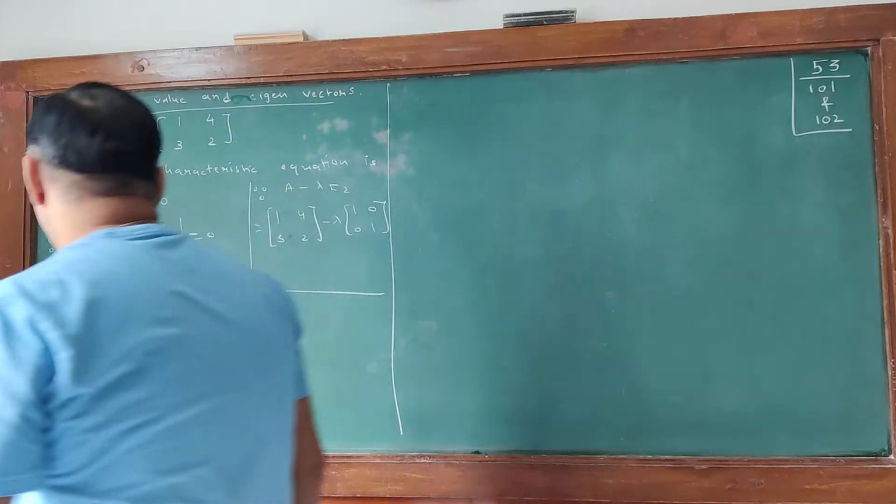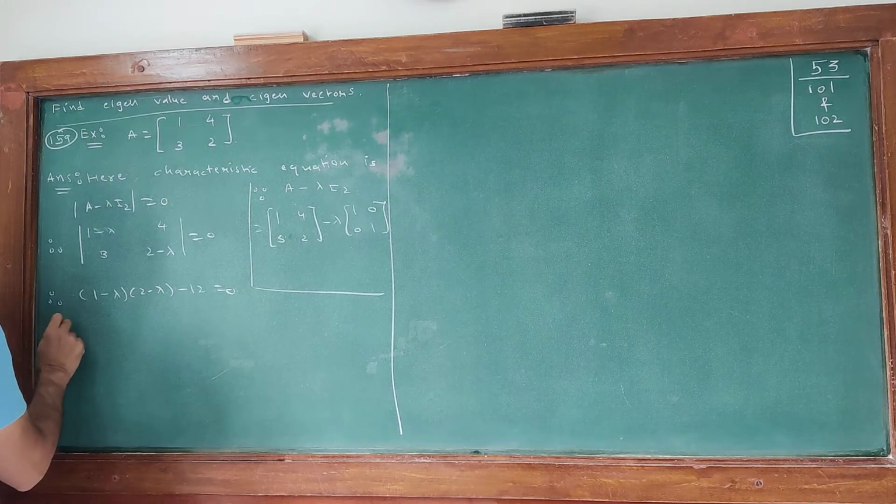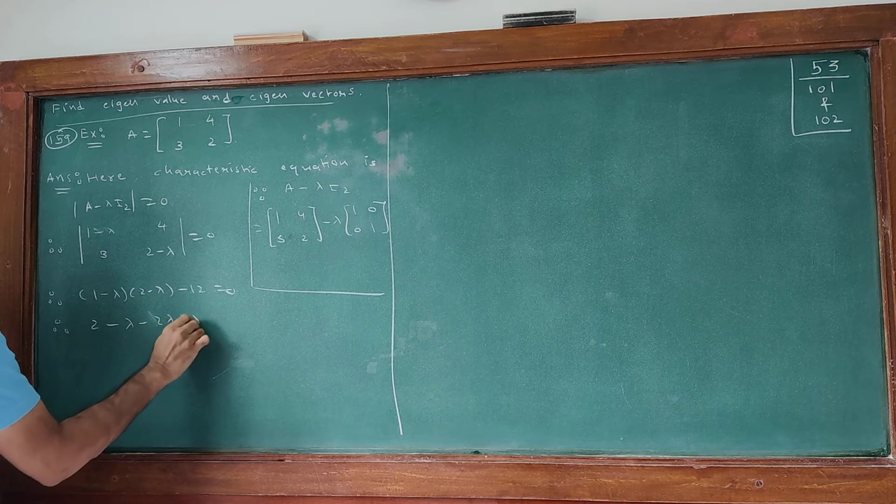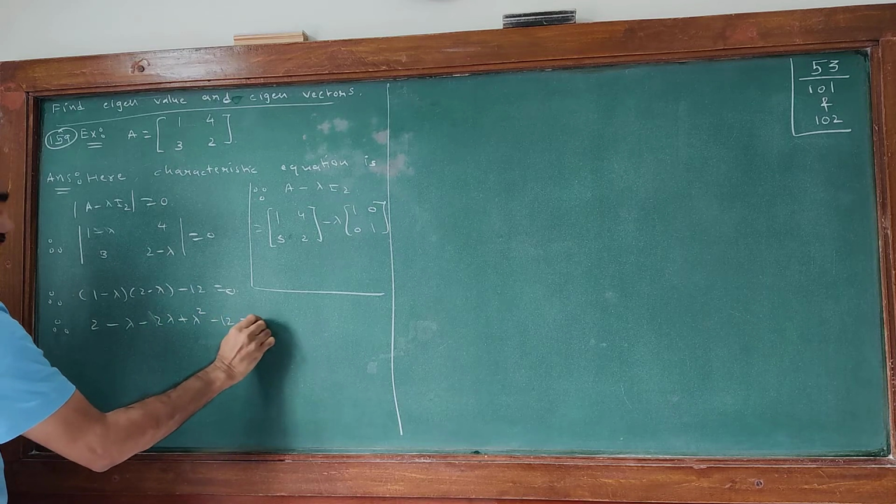Therefore 2 minus lambda minus 2 lambda plus lambda square minus 12 equal to 0.